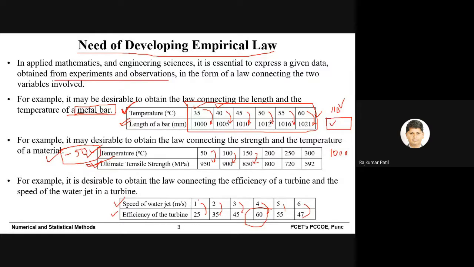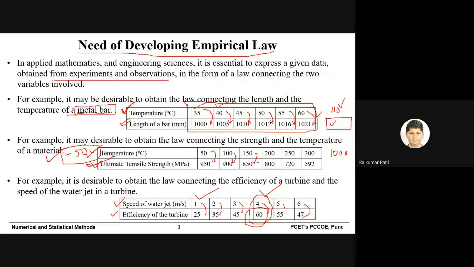So from this table you can develop an equation for the speed of the water jet and efficiency. When you develop that equation, you can find out the speed at which maximum efficiency will be there. And this particular data will be your input, and accordingly you will design your turbine.